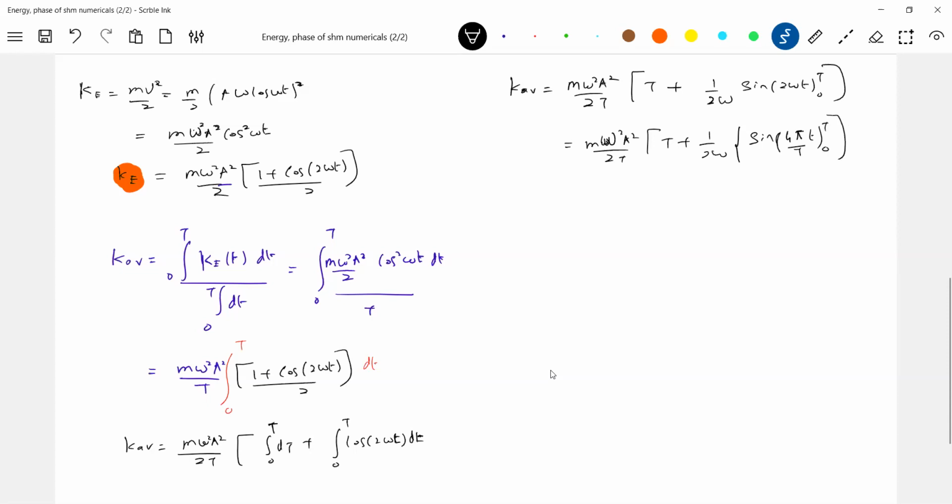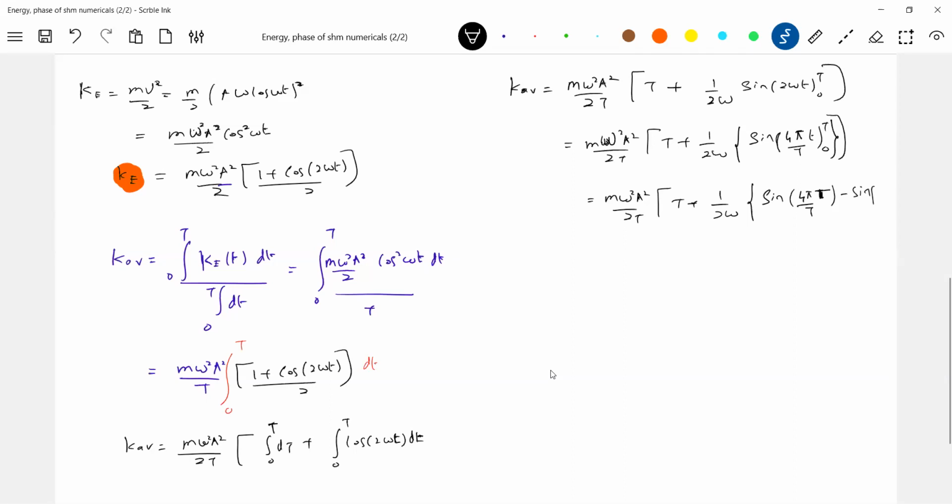I'll bring one more step so that it will be easy for you. Let's go for limit 4 pi t. What is the value of small t? Capital T, you should substitute the limit.